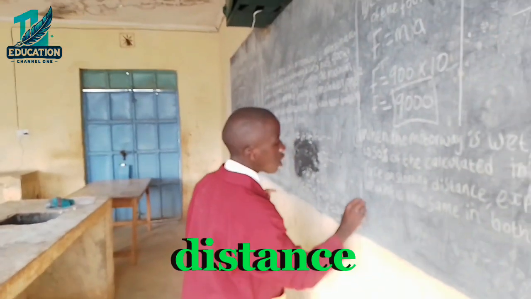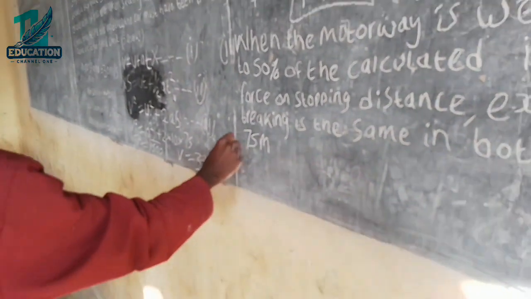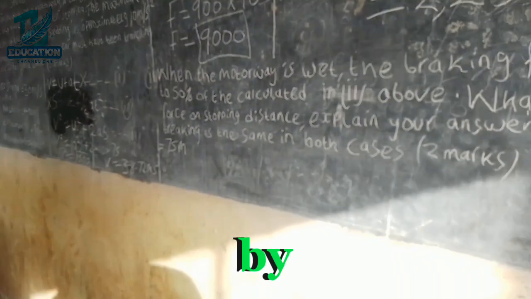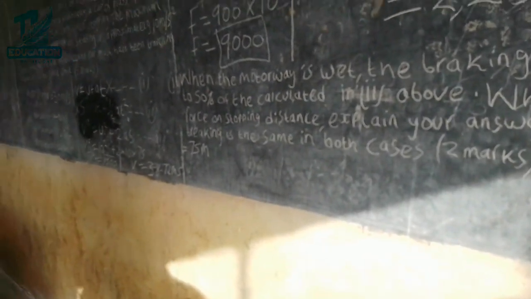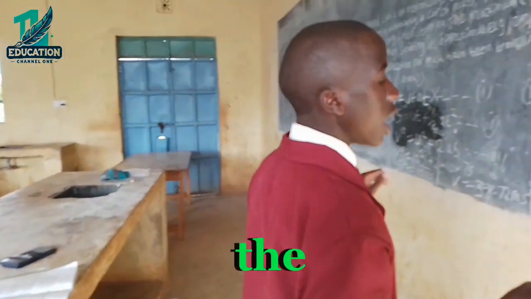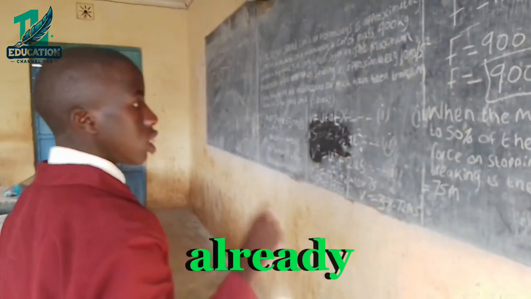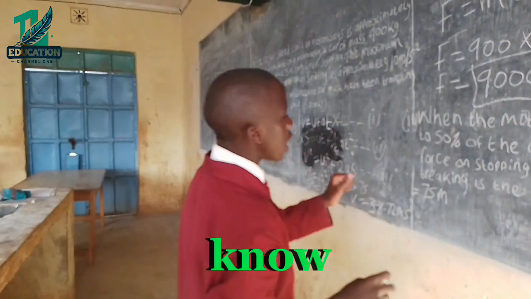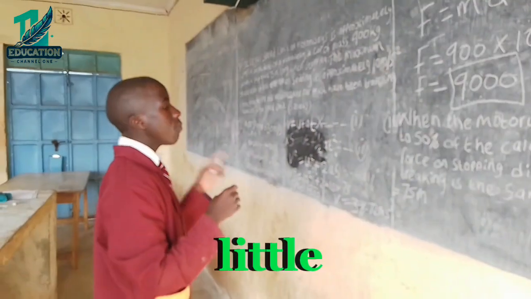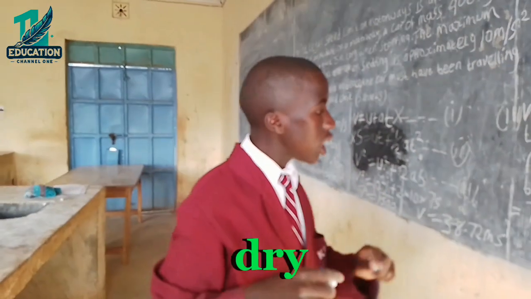Already the stopping distance initially was 75 meters, and this stopping distance will be affected by the decrease in the braking force. So we are going to say the motorway is already wet. We know that wet surfaces offer little friction compared to the dry surfaces.